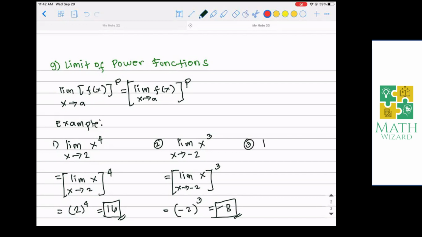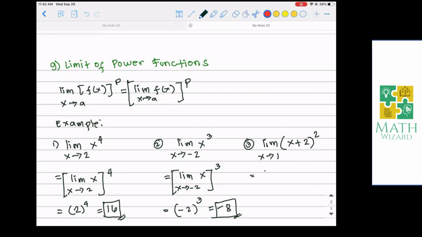Okay. What if ganito siya? We need to find for the limit of, let's say, x plus 2 square. So x plus 2 square as x approaches to 1. Same process pa din. We look for the limit of function muna bago natin siya i-square.